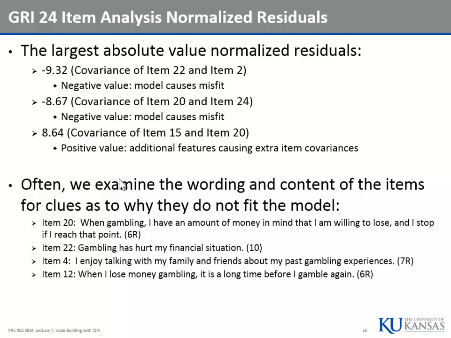Right? You notice anything of these 4 items that stand out that they have in common? Although item 22 maybe not as much. Actually, certainly not as much. 3 of these 4 are reverse-coded items. Right? And that's actually one thing you see a lot with reverse-coded items. The idea of reverse coding induces something in addition to the factor on the item itself that causes scores to be a little bit different.